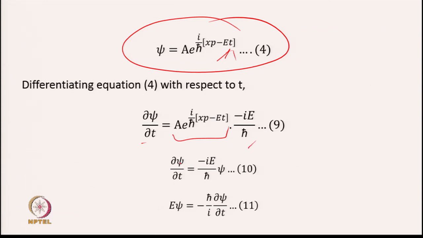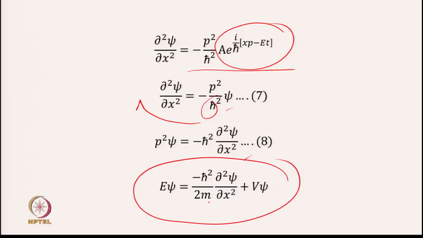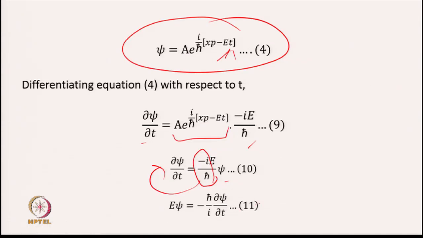So d psi by dt is equal to minus i E by h cross psi, or simply you can write E psi is equal to, if you take this whole side, minus h cross by i del psi by del t. You remember we calculated E psi here also, and now we have another E psi if we differentiate del psi by del t, differentiating psi with time t.